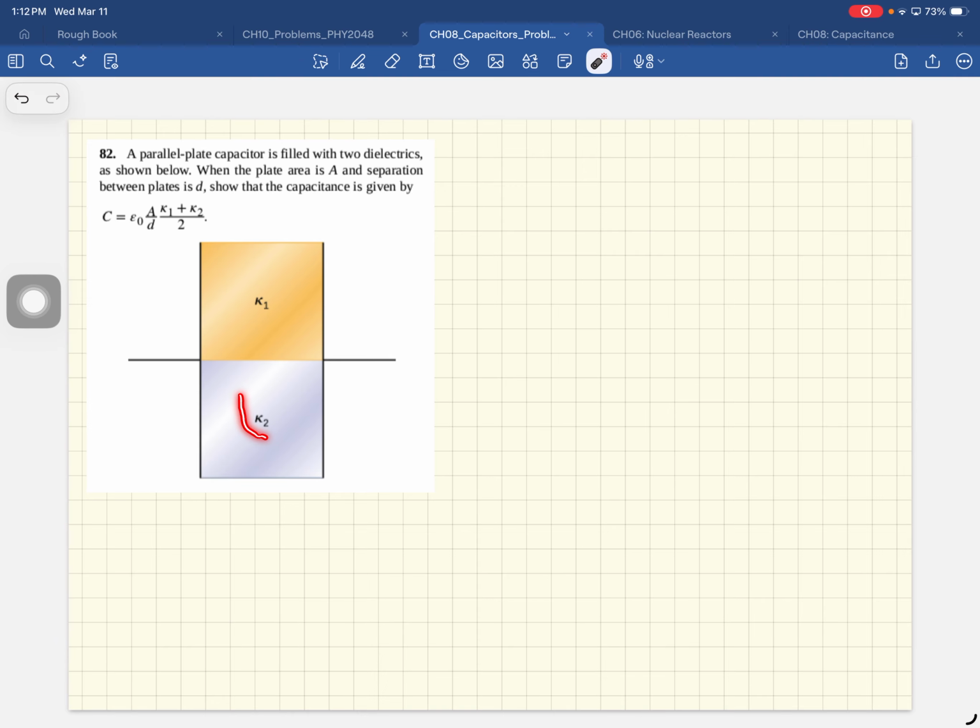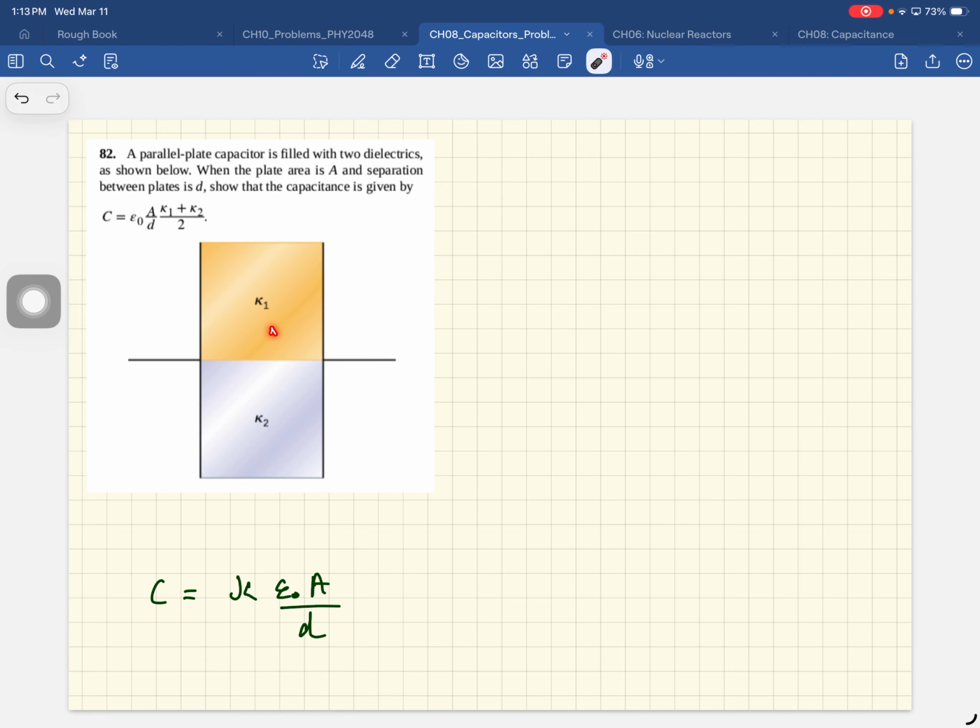Okay, so here's a capacitor with 2 different dielectrics present in there. Okay. Show that the capacitance is given by this. Okay. So if you have a single dielectric, then the capacitance is given by this. This is the capacitance without the dielectric, and you insert a dielectric, that's the factor.